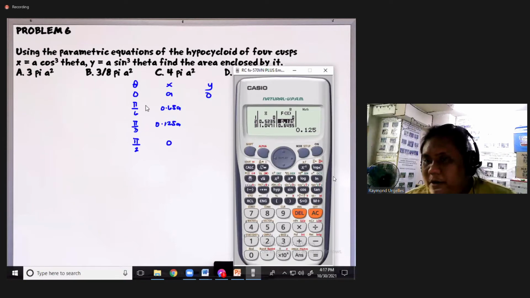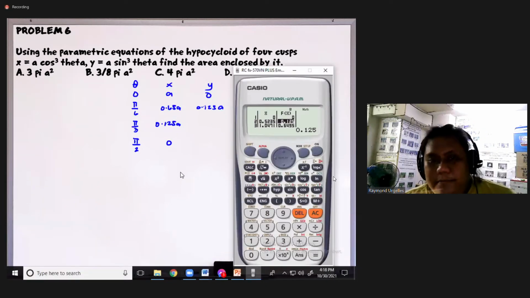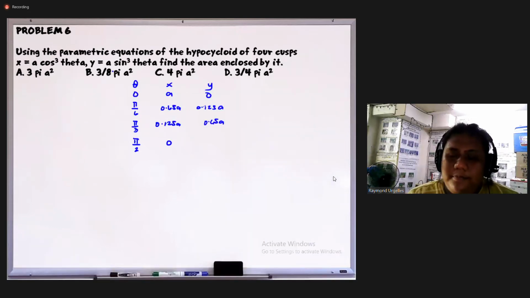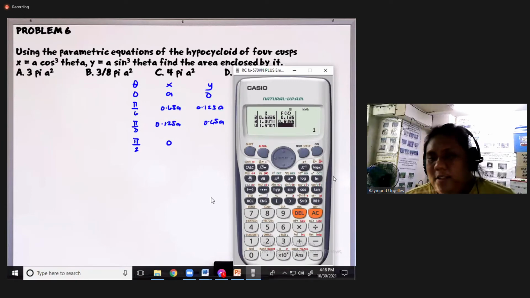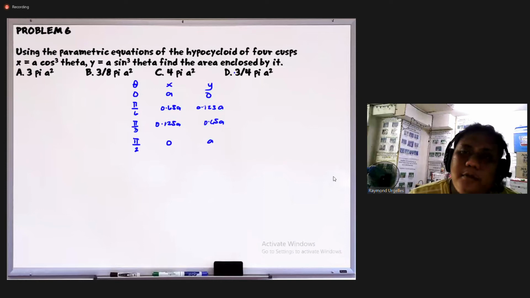Pag theta is pi over 6, this is 0.125. Pero may naka-multiply pa dyang a, kaya times a. Then pag pi over 3, that's 0.65, times a. And lastly, pag theta is pi over 2, then f natin is equal to 1. Kaya yung y natin, naka-multiply pa ng a, so that will be equal to a.